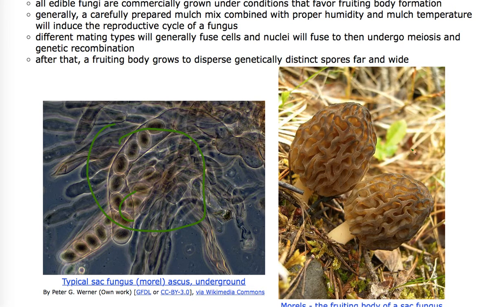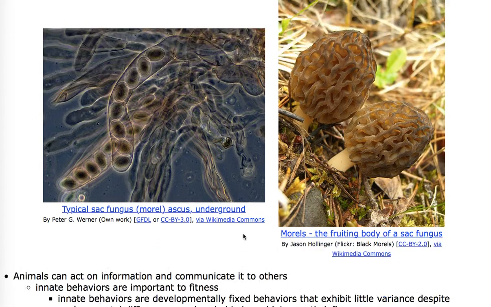And when the environment's right, it'll make these. These are the above ground structures whose job is to drop out tiny little cells like those in the air so that the morels can grow in other locations. That's definitely an environmentally stimulated thing that's causing differential gene expression inside the morels to make all this stuff happen.